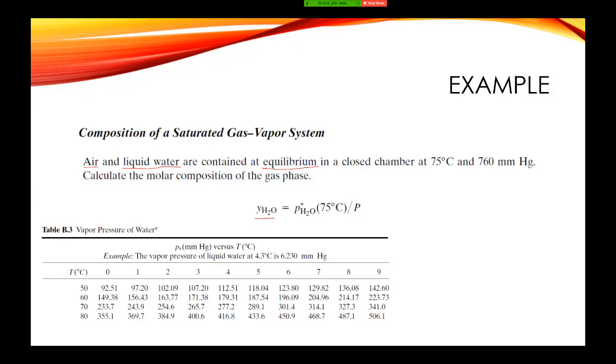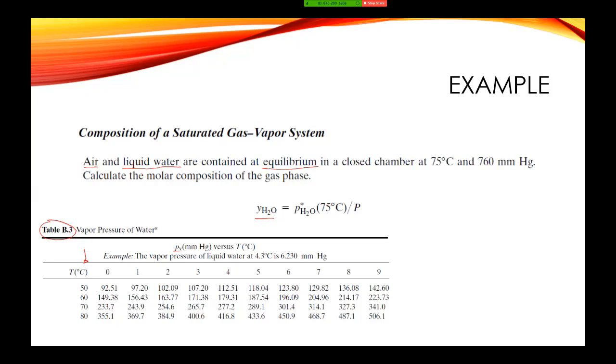For example, in the book we have Table B.3, which is the vapor pressure of water. Here we have the vapor pressure in millimeters of mercury versus the temperature in Celsius degrees. Please always check the units of each variable so you can do it correctly. In this column, the temperatures change in tens: 50, 60, 70 degrees.